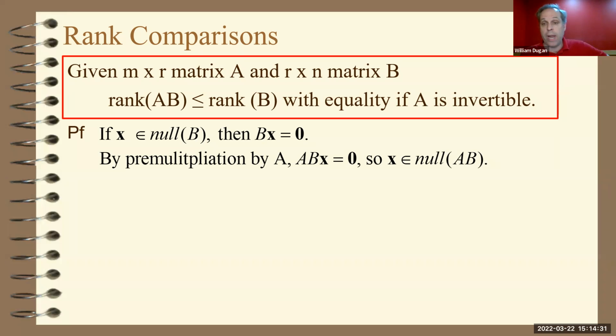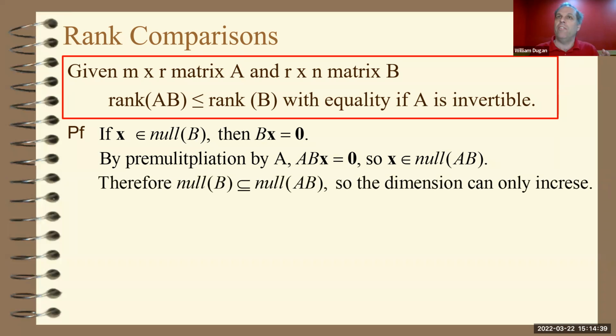So this vector X is also in the null space of the matrix A times B. But that means that every vector in the null space of B is contained inside the null space of A times B.